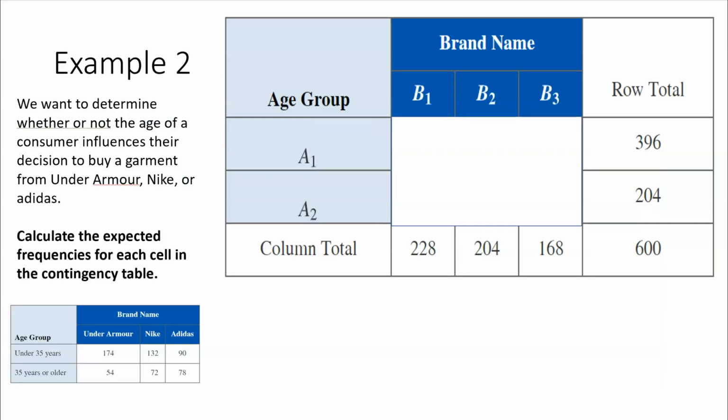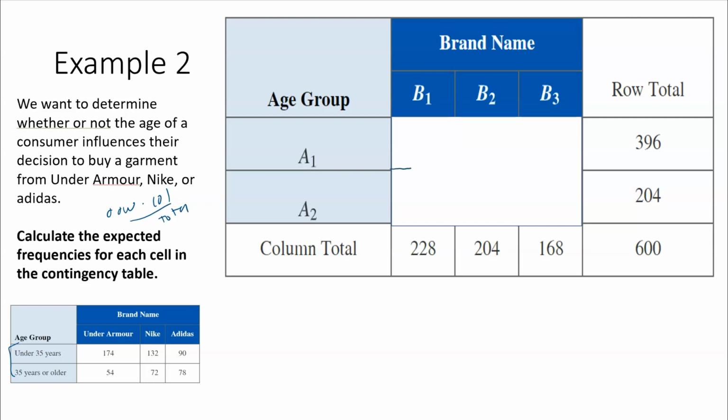So in example 2 here, we want to determine, we're still talking about age and brand name. I recall this from before. Remember that our age groups are down here if you forget. They've just simplified the space, so Under Armour's B1, etc. So calculate the expected frequencies. Remember, we're going to do row times column divided by the total.